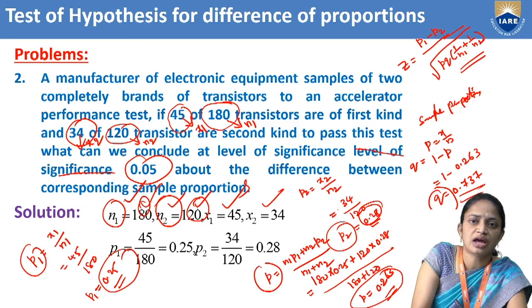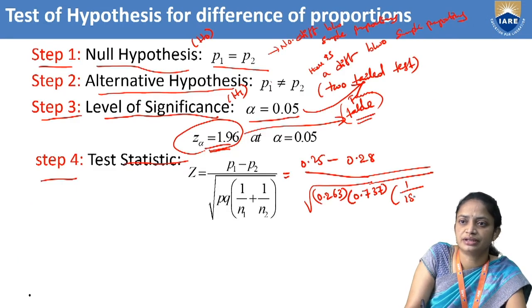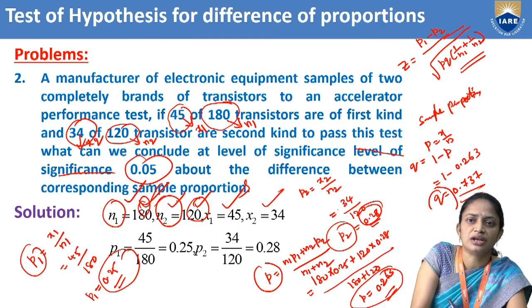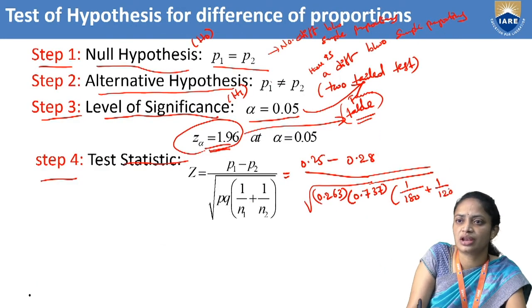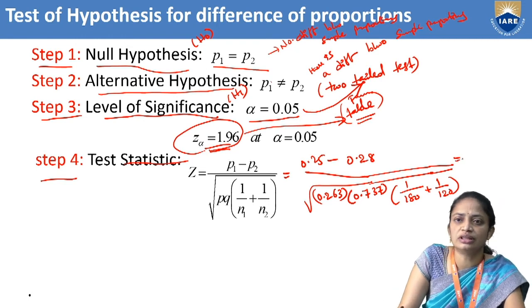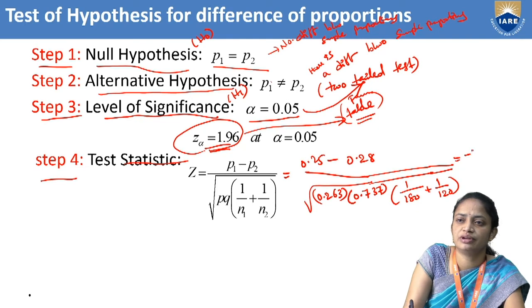N1 value is 180, plus 1 by N2, and N2 value is 120. Clear? So solve this one, you will get minus 0.57.